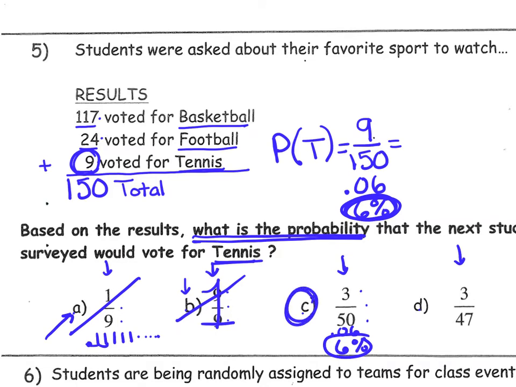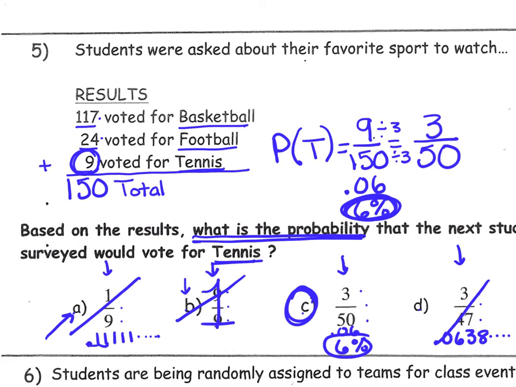So it has to be choice C. But just for the heck of it, punch in 3 divided by 47. You get slightly over 6%. It's not choice D. Now, many of you are comfortable reducing this. You could have divided the numerator and the denominator by 3 and gotten right to the equivalent fraction, 3/50.